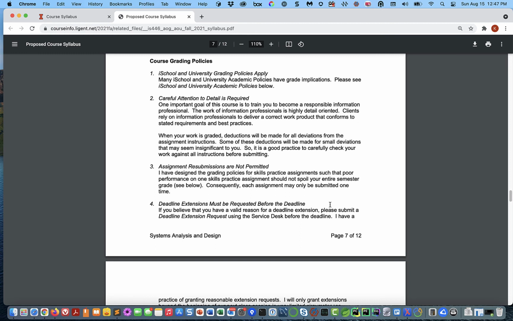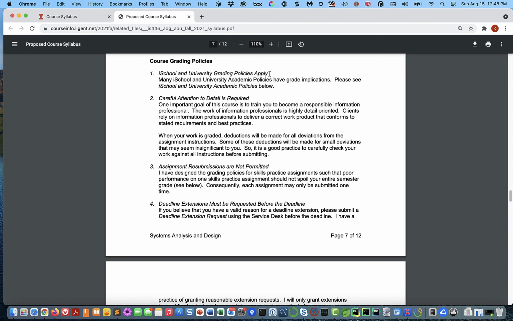So here are my policies. I'm just going to read the headline of each one. I leave it to you to read through the details. So at the end of the syllabus, there are iSchool and university policies.